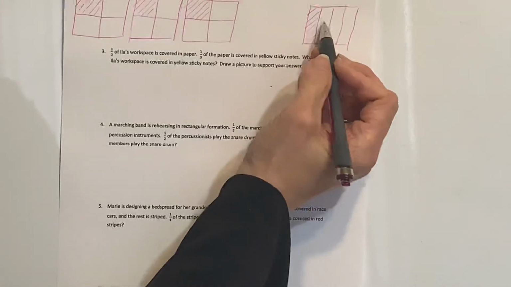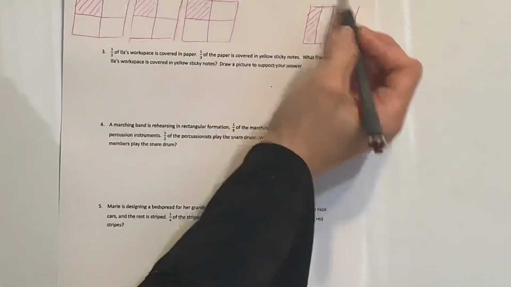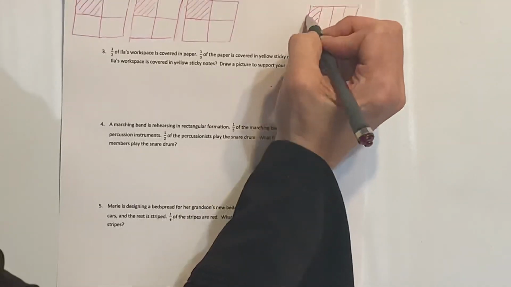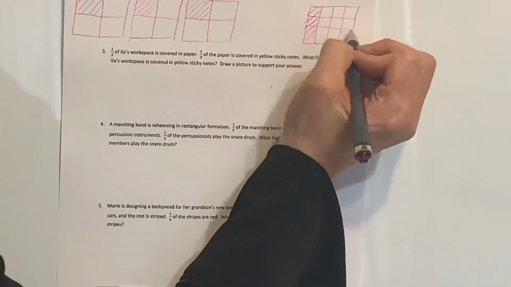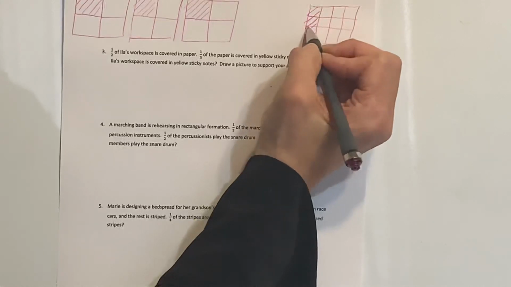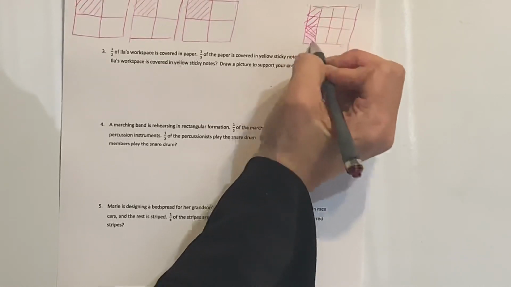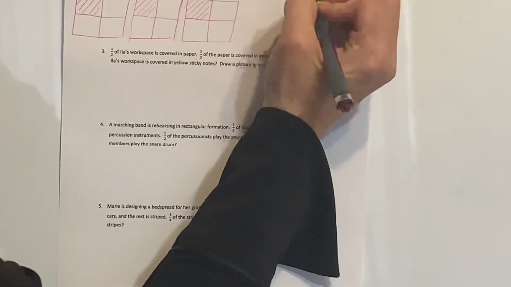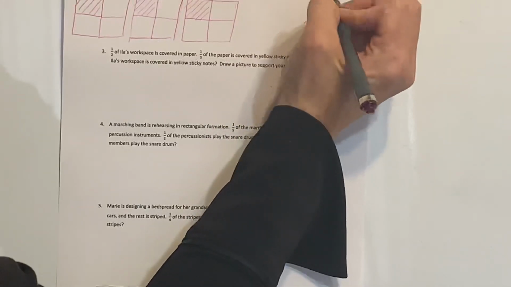So I've got 1/4, 2/4, 3/4, 4/4. That equals the whole thing. I've got 1 of those fourths. I need to split this into thirds. And then I take 1 of those. So 1/3 times 1/4 equals 1/12.